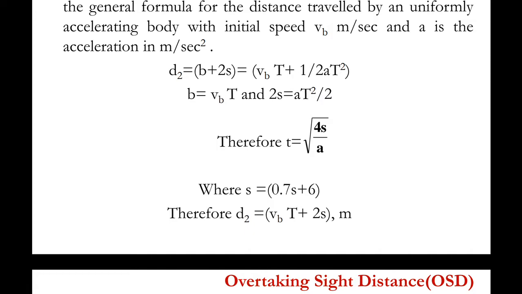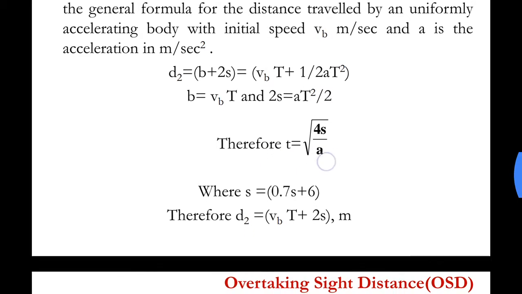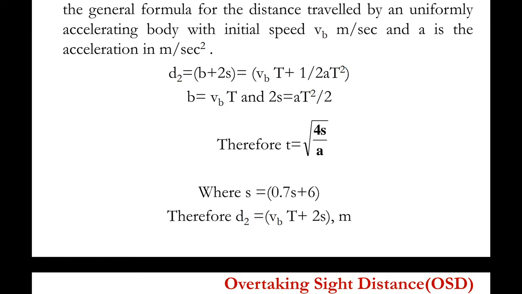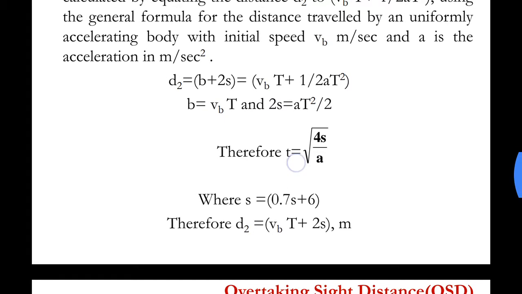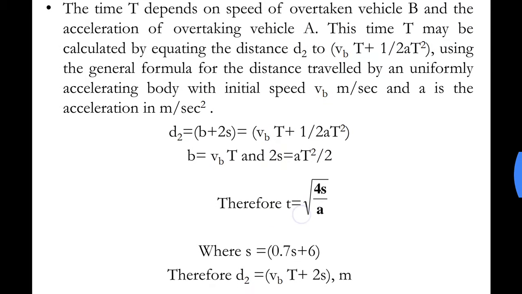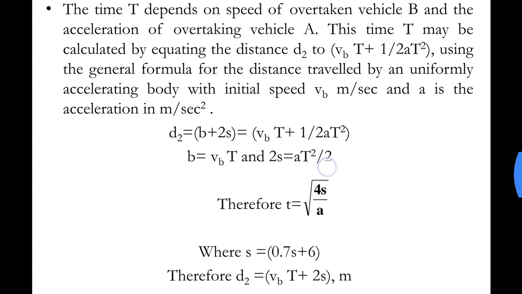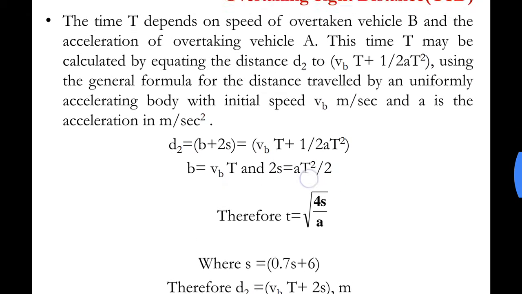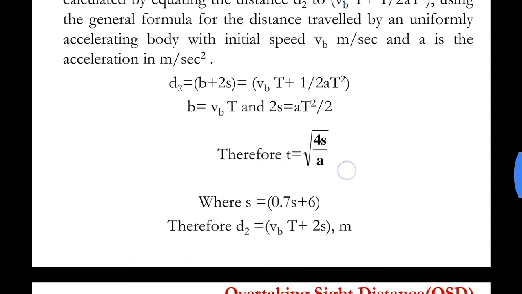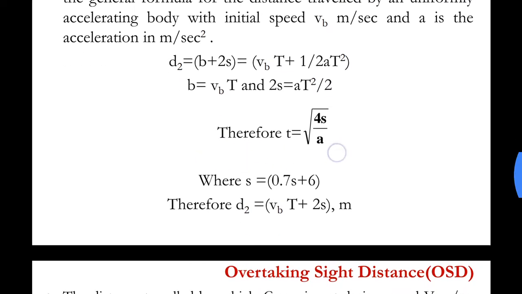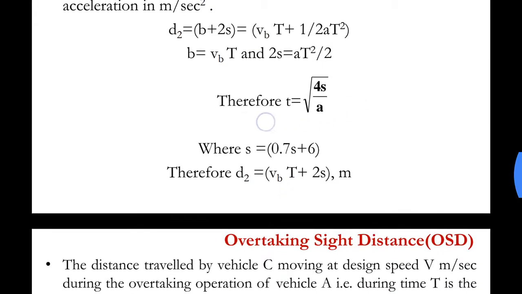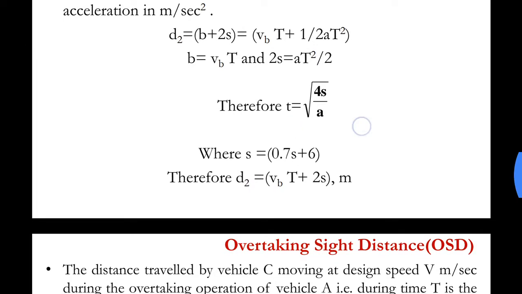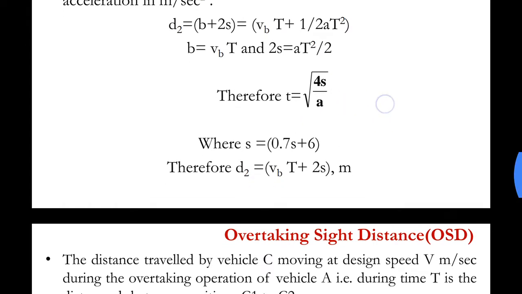Therefore we can write T squared is equal to 4s by a. Here it should be capital T; that was a written mistake. When you solve this, you will get capital T equal to root of 4s by a. This is the formula that we will be using to find the value of capital T, where s is spacing and a is acceleration of the vehicle.